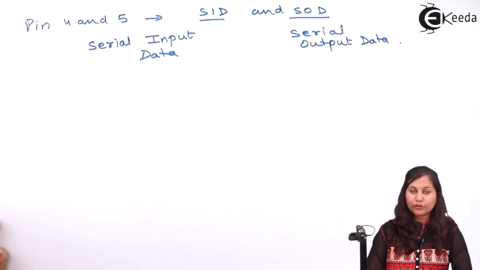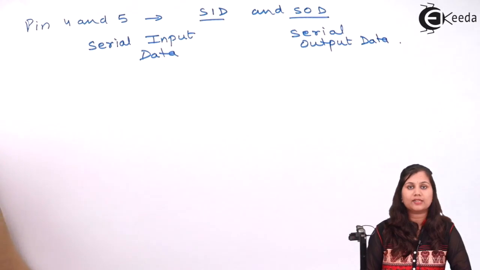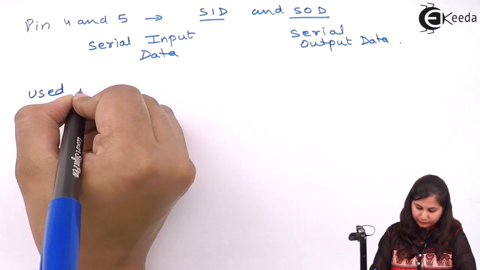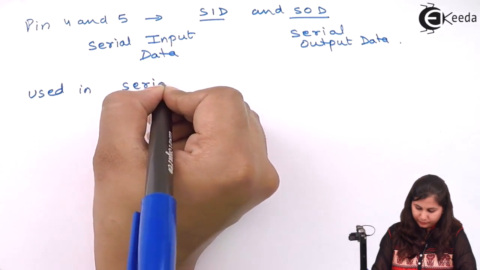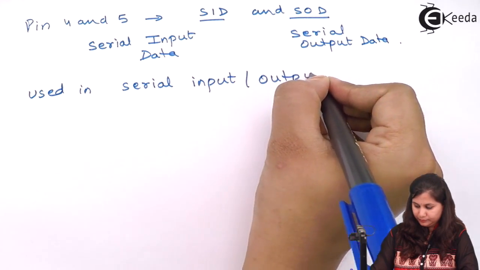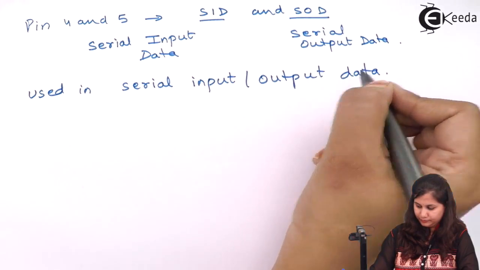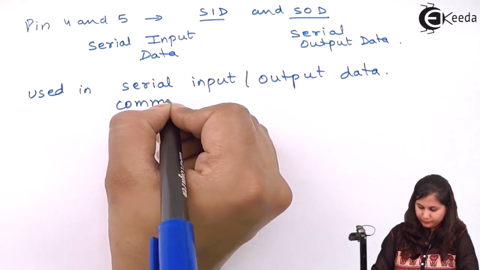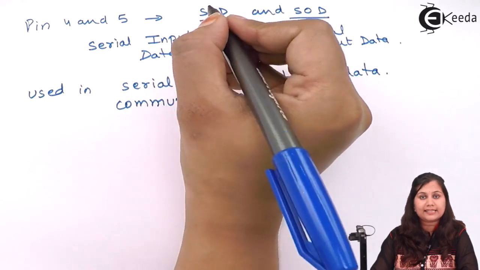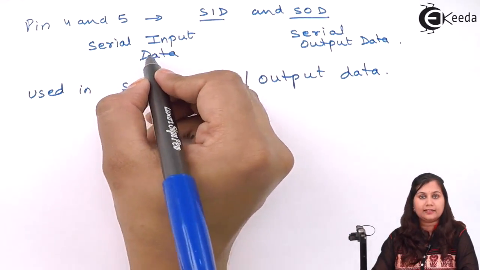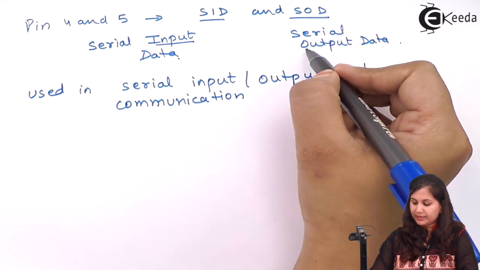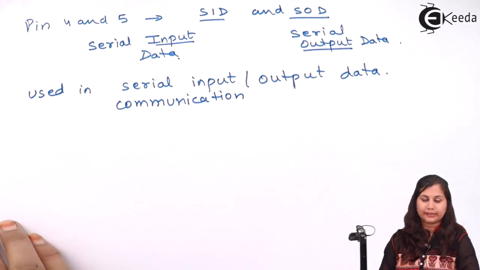These two signals are used when the microprocessor is used in serial input-output communication. So when this signal is high, it means that the data which is available is input data, and when this signal is high, it means the data available is the output data.